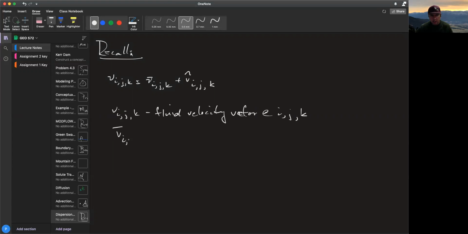Vector at I, J, K, and V-bar at I, J, K is the average fluid velocity, and V hat is the random velocity fluctuation.